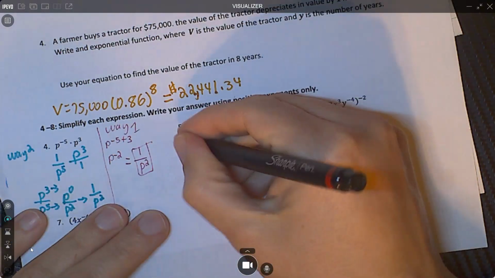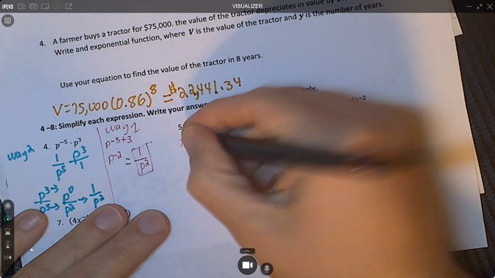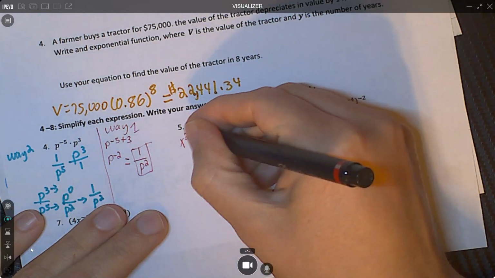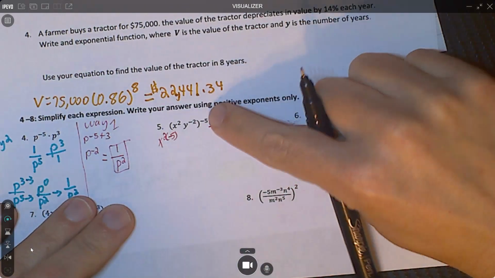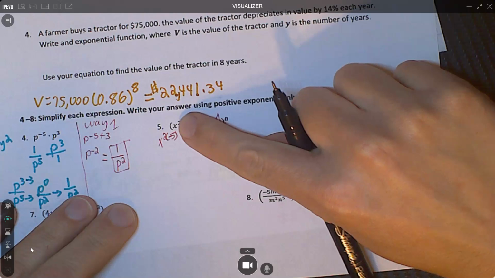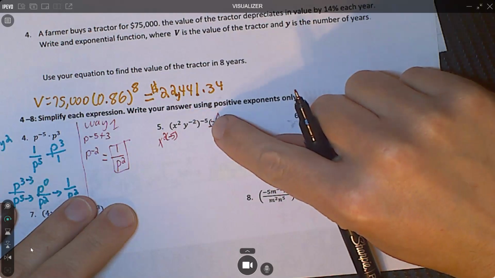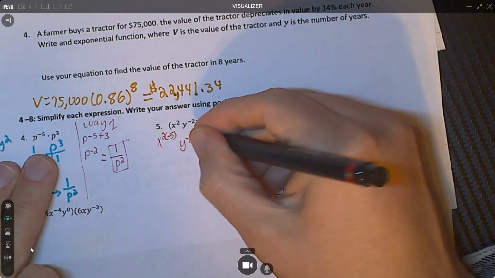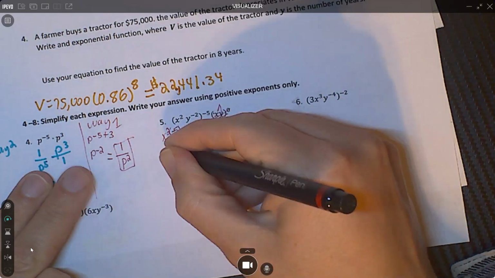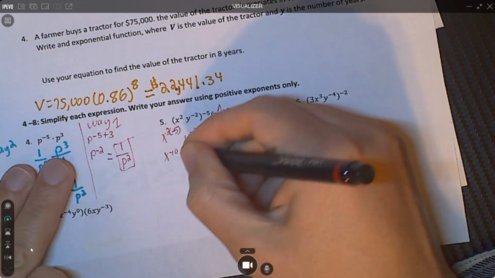Okay, power to a power rule. I'm going to use parentheses this year and see if it helps. Is when you see a power to a power, it's kind of got a parentheses already out there, so there's already a parentheses separating. So I get x to the negative 10.